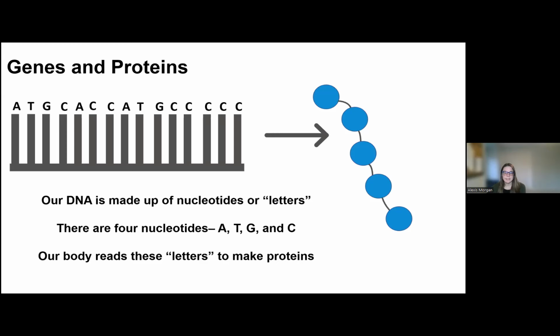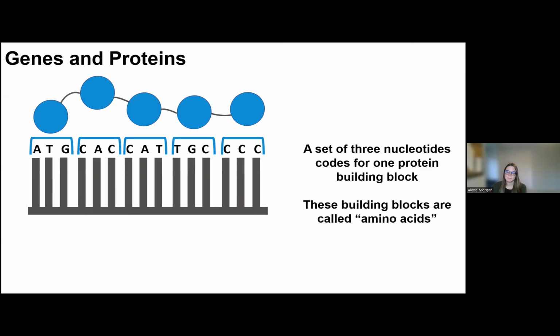Our DNA is made up of letters called nucleotides. There are 4 different nucleotides, A, T, G, and C, and our body reads these nucleotides to make proteins. The nucleotides are read in sets of 3.